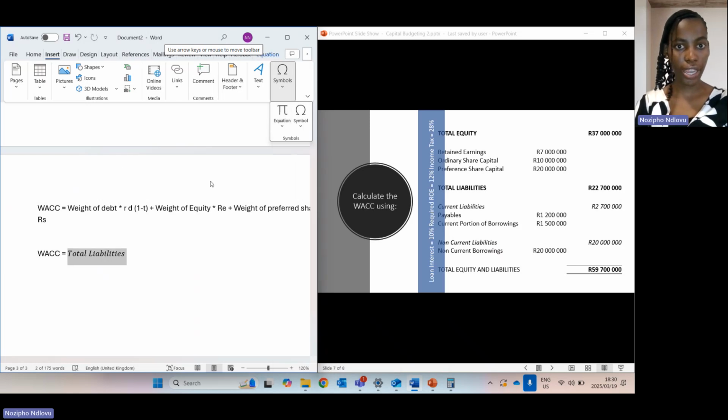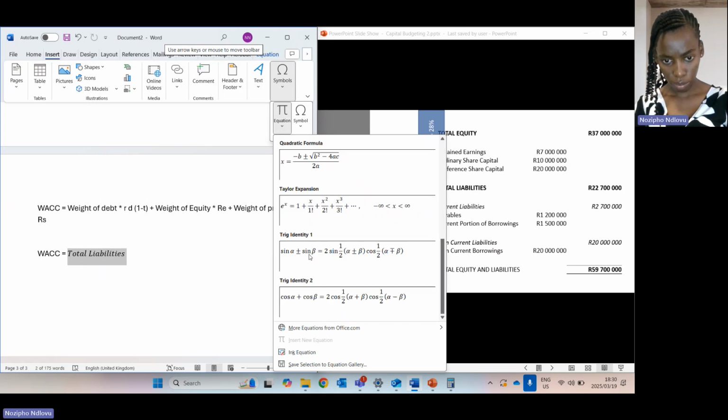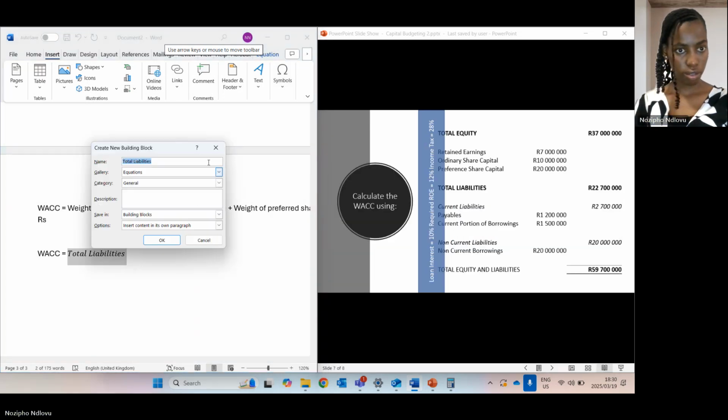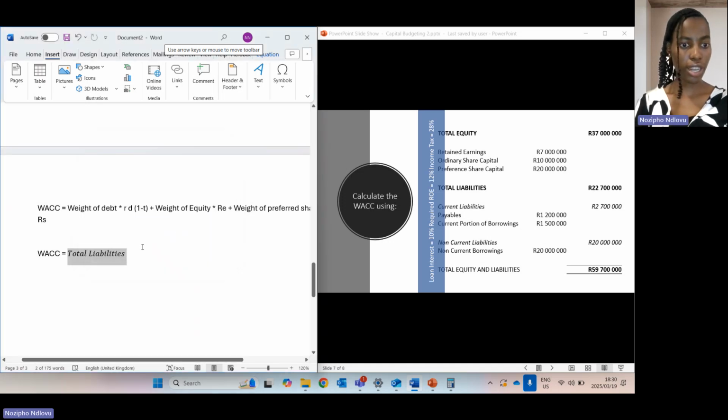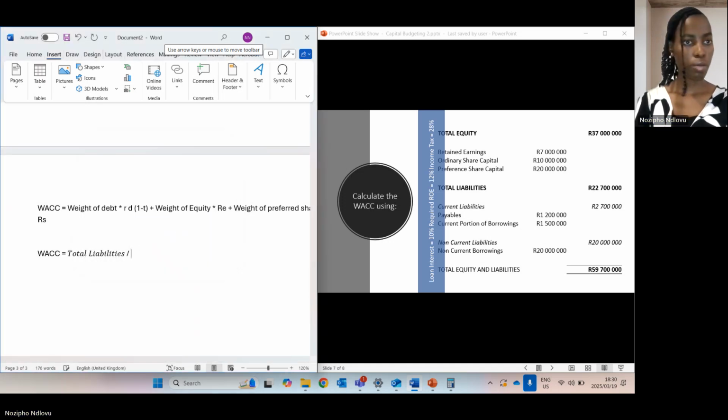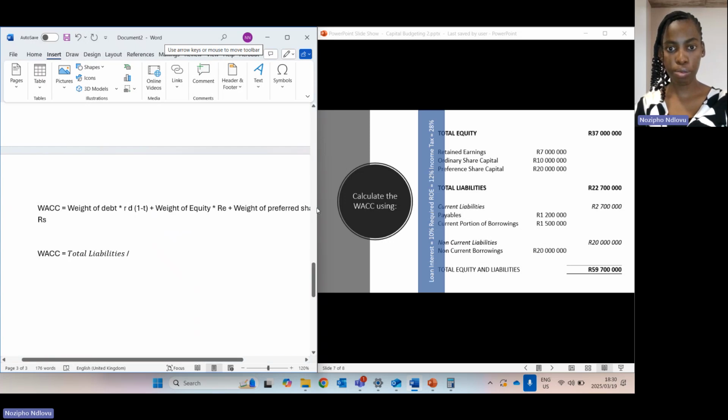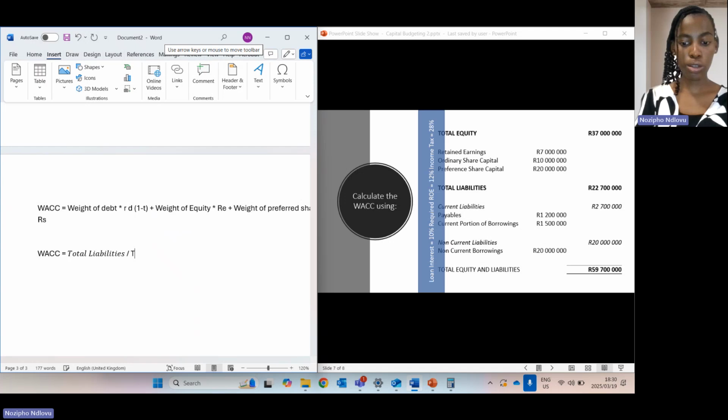I'm just trying to explain. Total liabilities. I think it's because it's not big enough, but it's fine. Total liabilities divided by total assets.